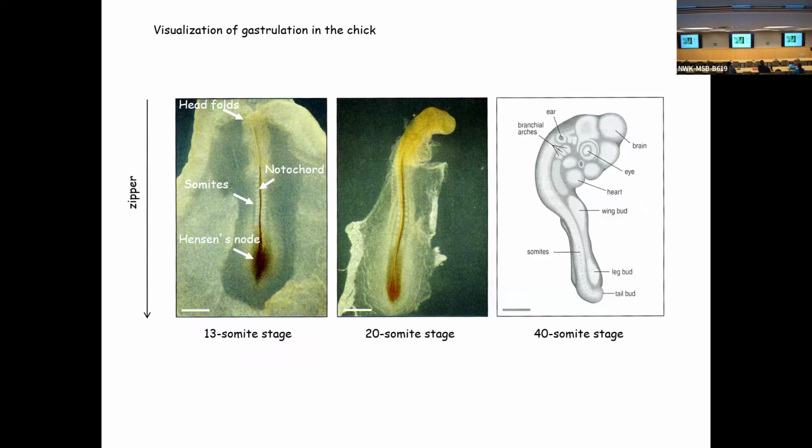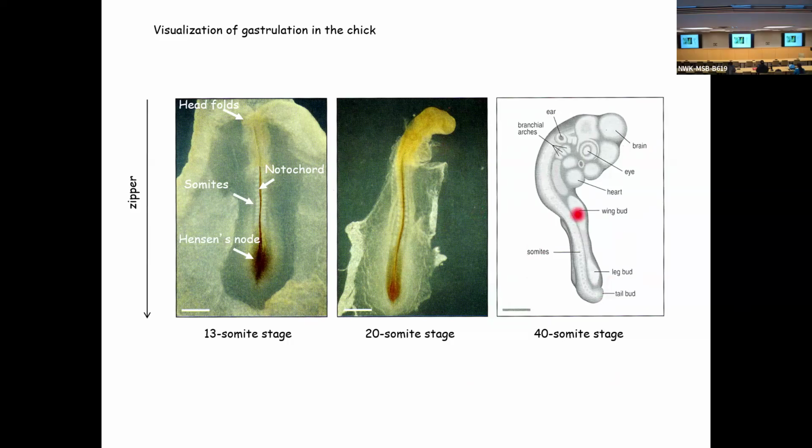This, you can appreciate that out of this will end up, for example, one day later, from the 20 somite stage, we end up in the 40 somite stage with most of the structures taking place.